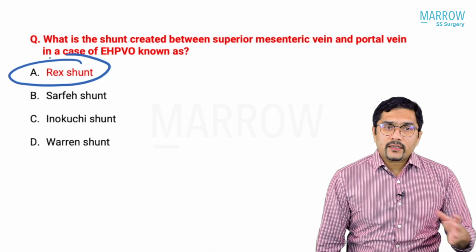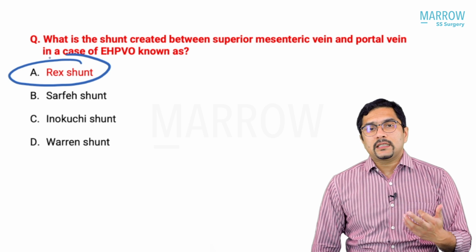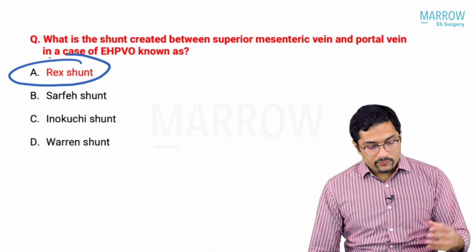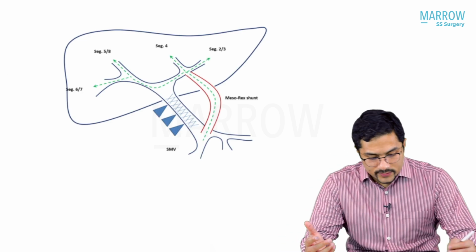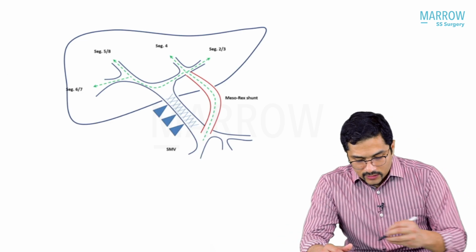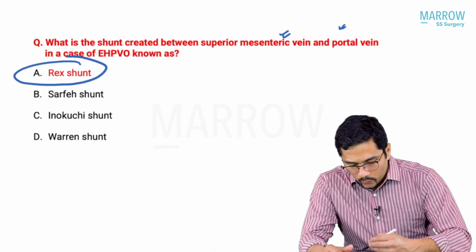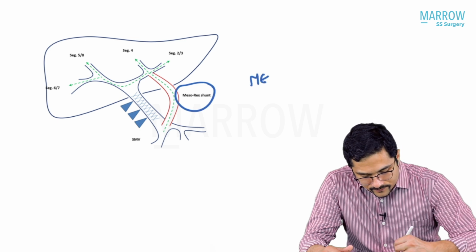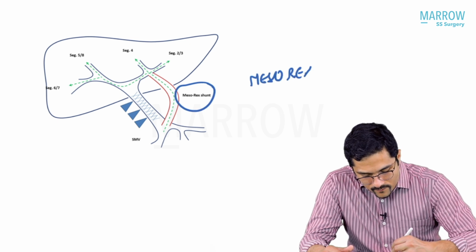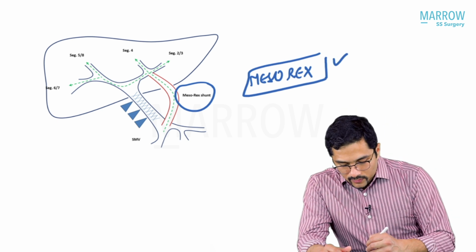Again, I told you that one of the variceal causes and one non-variceal question is usually there in the exam. So, this was the one which was related to variceal causes. Rex shunt, I just told you, is between the superior mesenteric vein and the portal vein. You can see here, this is the meso-Rex shunt between the superior mesenteric and the portal vein.